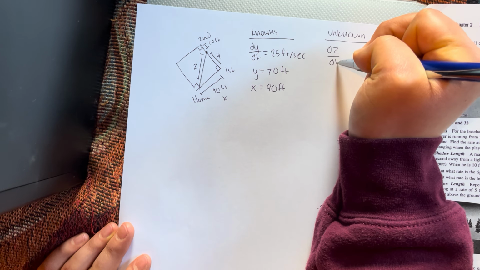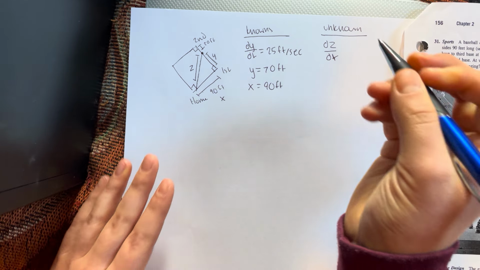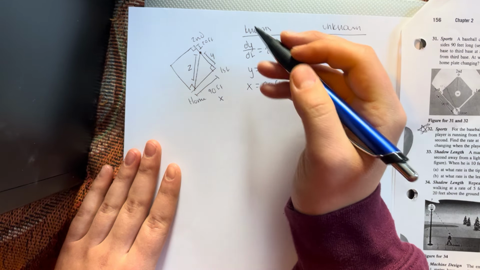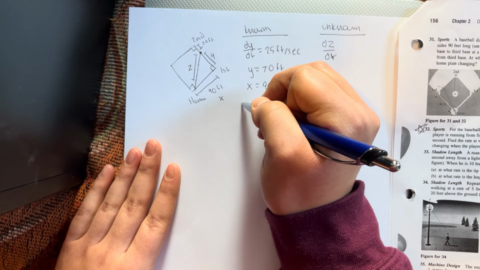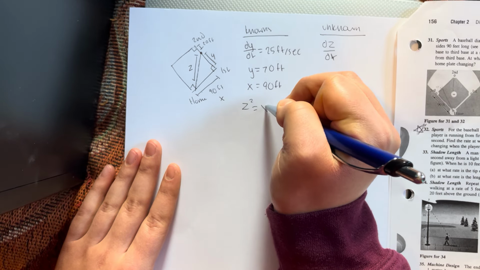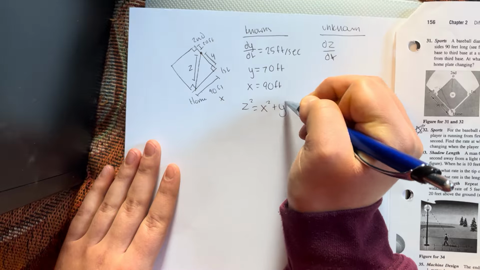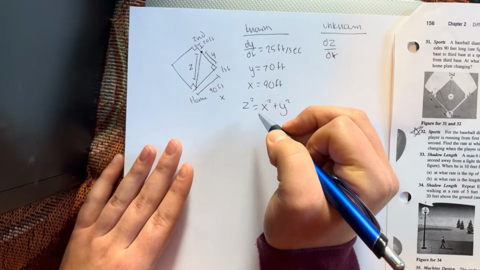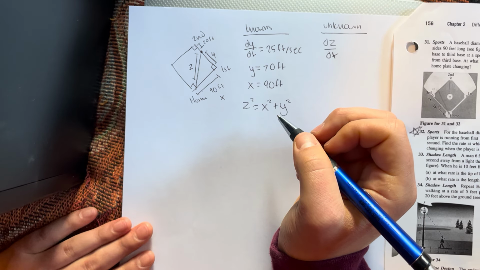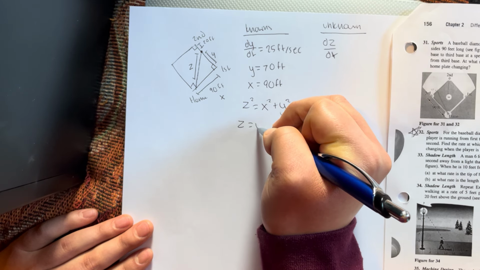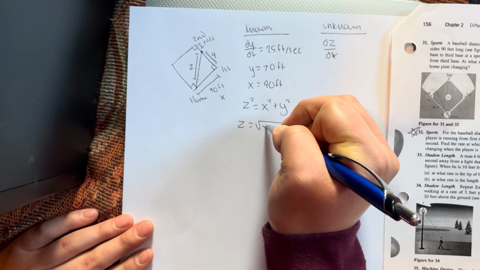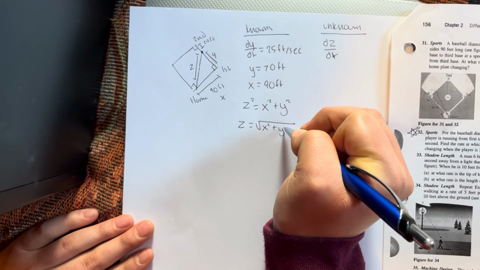So how fast is that? And we know that it's a right triangle, so we're going to use the Pythagorean theorem to solve that. So then that's going to have z squared equals x squared plus y squared. And then we can differentiate that to get our dz/dt, but first we're going to need to know our z value. So our z is going to equal the square root of x squared plus y squared.